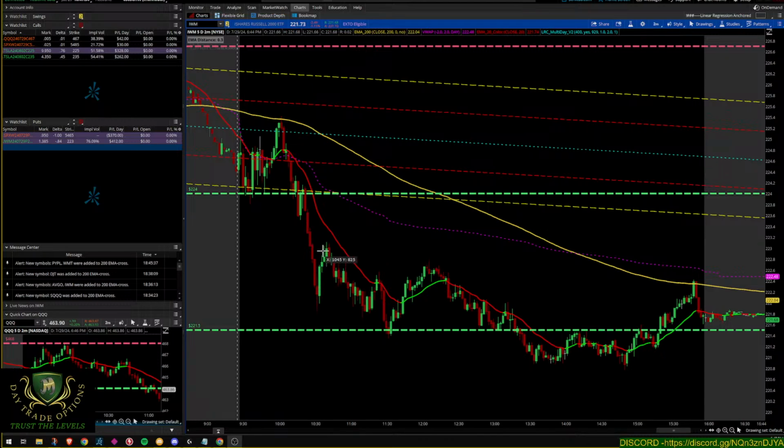When I scaled out, I let it go up. It came down some more. It went back up. I think I may have scaled out again because I was like, you know what? I'm just going to take profit. I'm not going to let this mess anything up. So I actually scaled all the way out. Only had one contract left, and it came all the way down to here, and I think I actually got out on this green candle right there, at the close of that green candle.